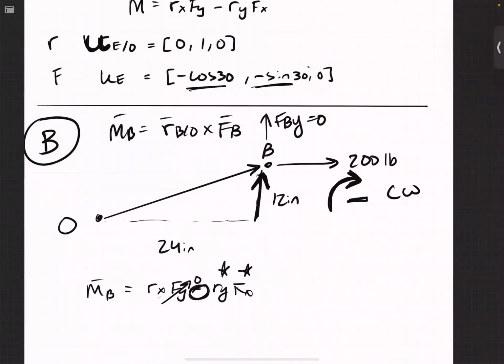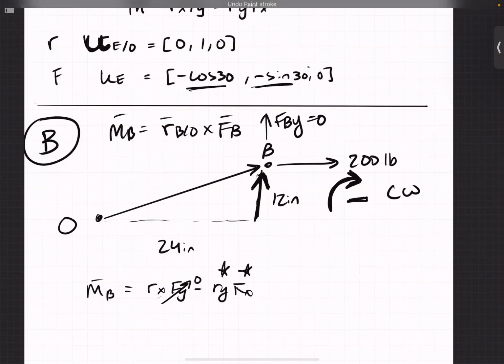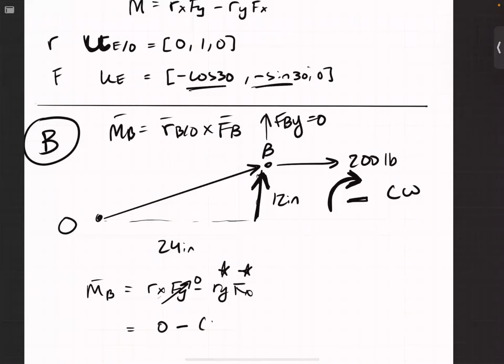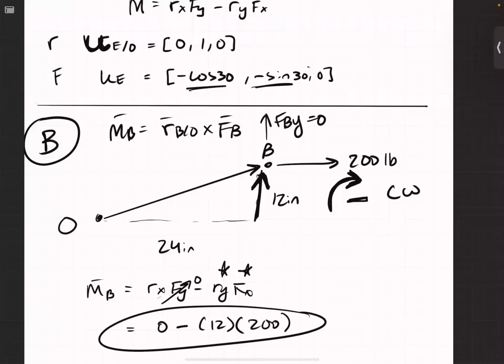And even though both values are positive, our equation also tells us that it will be a clockwise rotation. That gives us 0 minus 12 times 200 for the moment caused by the force at B. Negative because it is clockwise, 12 and 200, the 90-degree values.